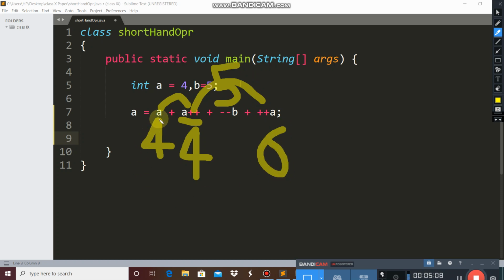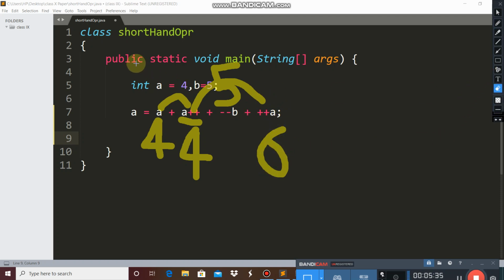Initial value of a was 4. When it reaches here, it was 4 only. When we used up the value it was 4, but after its usage it became 5. When it reaches here it was 5, and before usage it becomes 6, and here we are using 6.